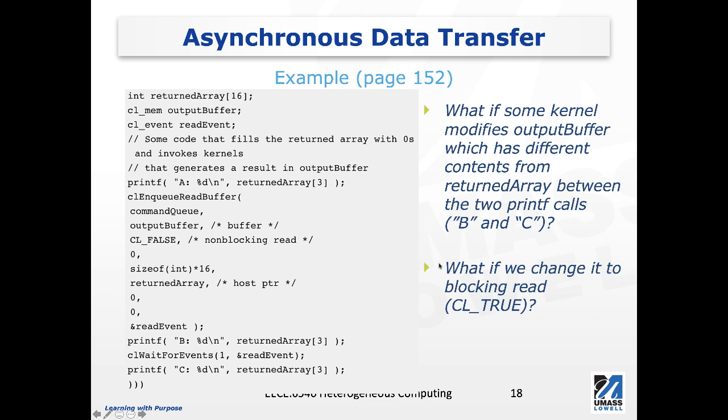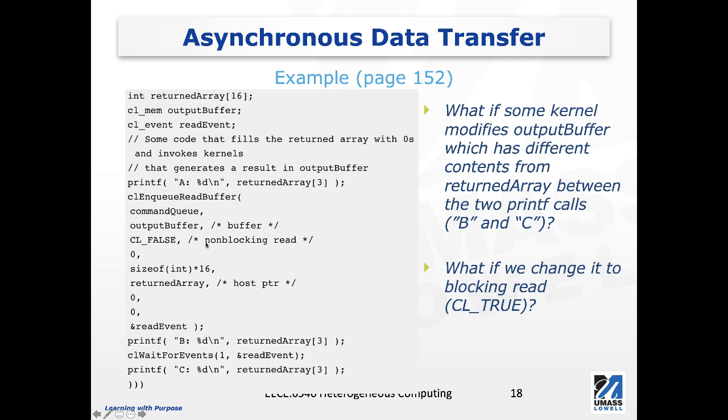Now if we ask you the second question, let's change this blocking flag from CL false to CL true. If we change this to CL true, that means we are making this enqueue read buffer a blocking read.